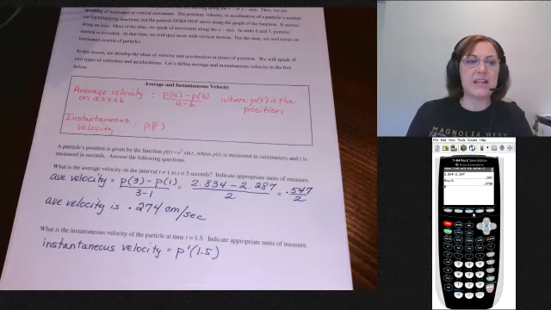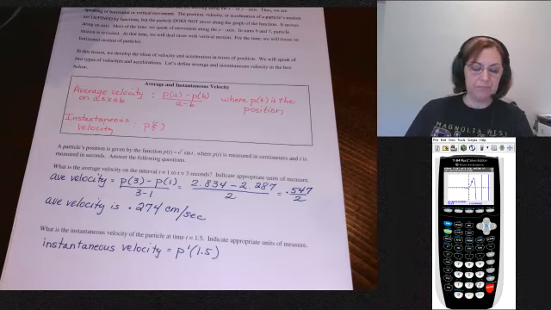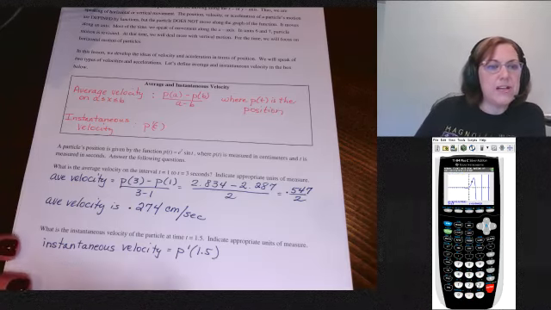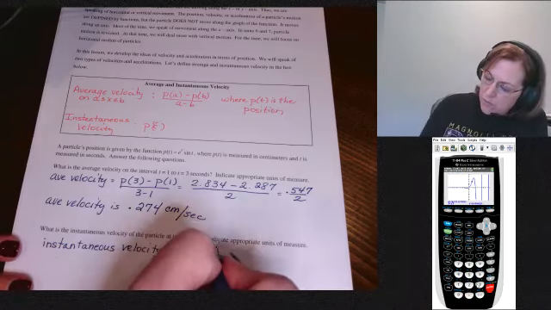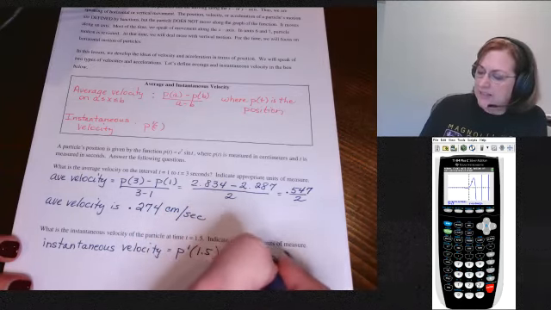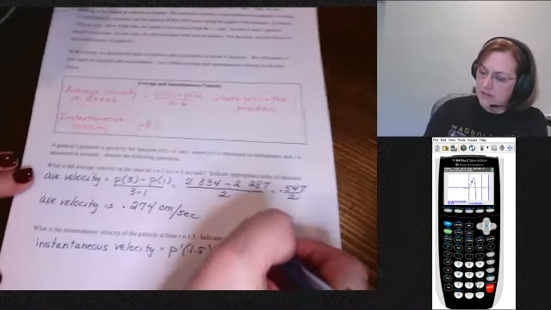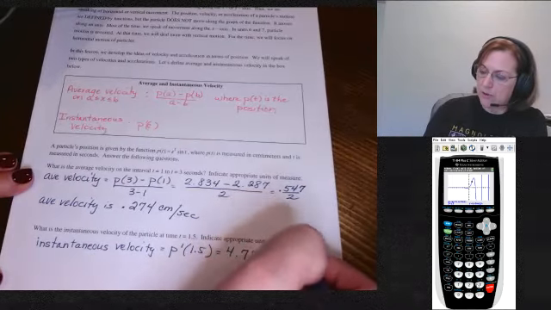So I'm going to do second trace, choose option 6, and type 1.5. Notice my derivative is 4.787, and same units, okay? Centimeters per second.